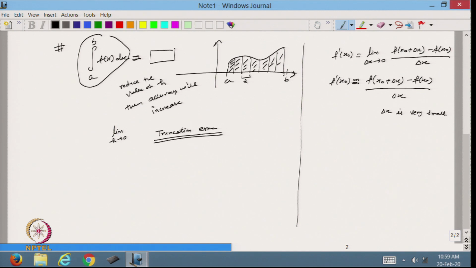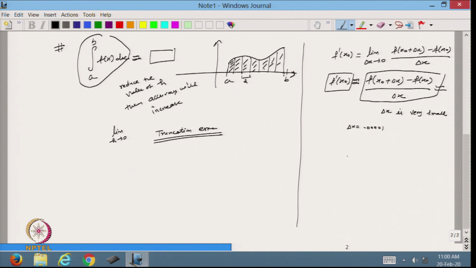In this case, we approximate the derivative of the function with this factor on the right hand side, where delta x is very small, because delta x tends to 0, but in the computer I need to choose a very small delta x. So, maybe I can define delta x as 0.0001, a very small value, and based on this value I will find the value of this factor, and that will be the approximate value of the derivative f dash x naught.